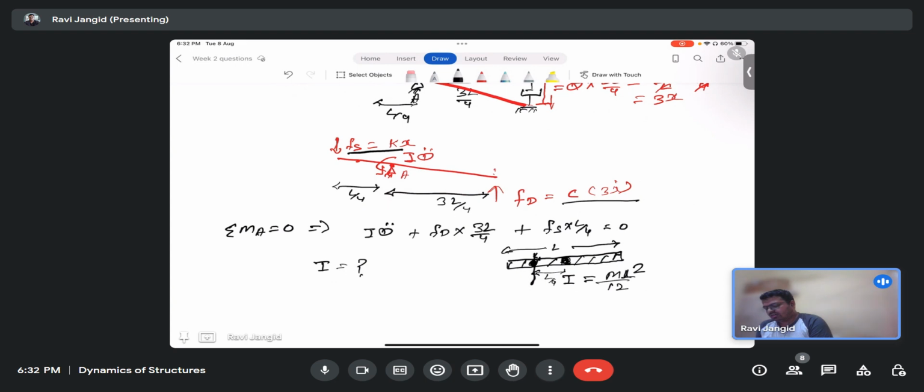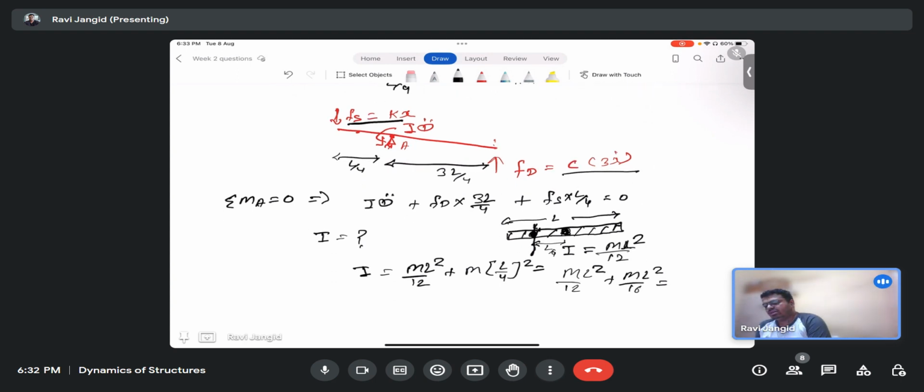Okay, let us look at this one. ml square by 12 plus m into L by 4 square. So that would be ml square by 12 plus ml square by 16, which comes out to be, as you said, 7 by 48 ml square.